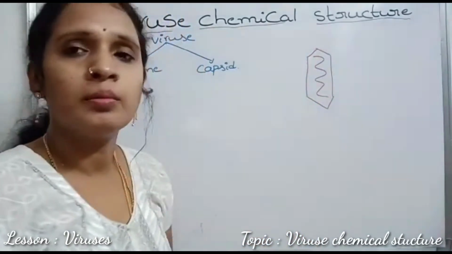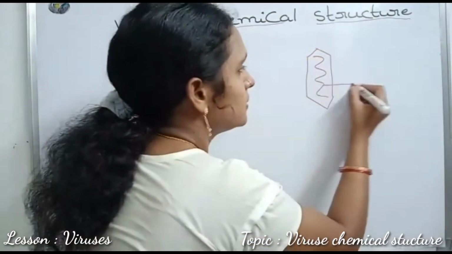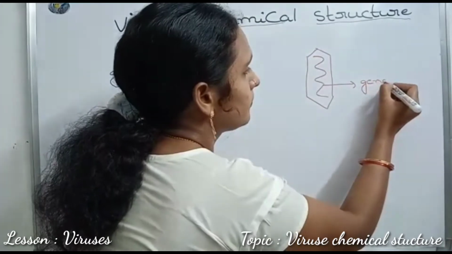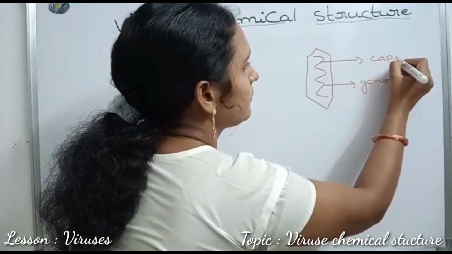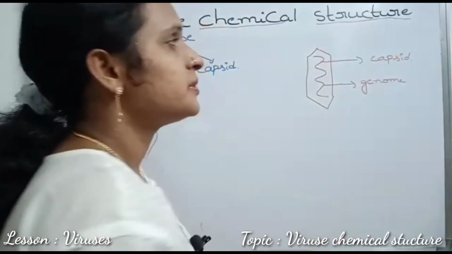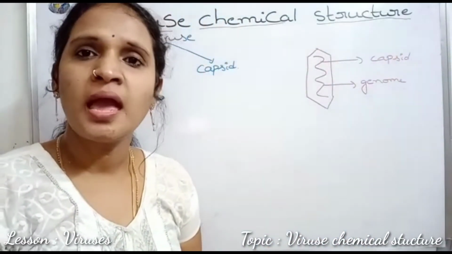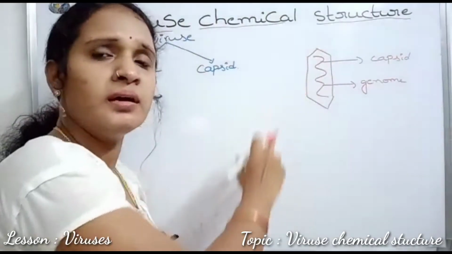These are the two components of viruses: genome and capsid. The capsid gives shape to the virus and protects the central core of the genome.